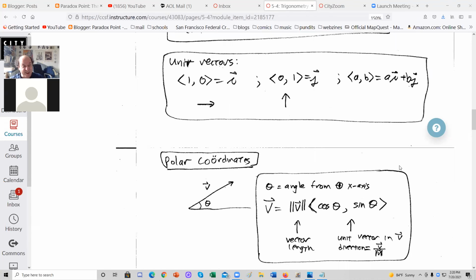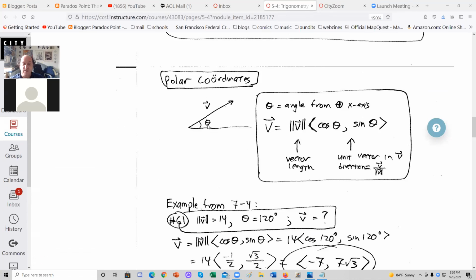Now, finally, we get to some trigonometry. If we have a vector with a given length, absolute value of v, and it's tilted at an angle theta relative to the positive x-axis, then by a rule like we found before for polar coordinates for complex numbers, that vector v is the length of v times cos theta by sine theta.